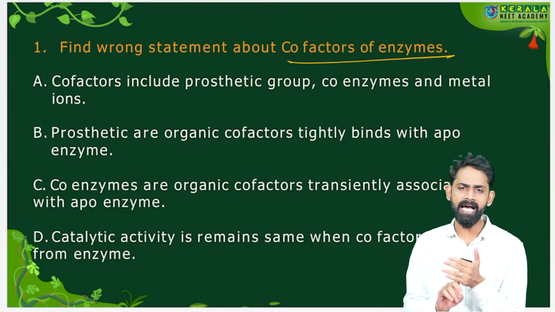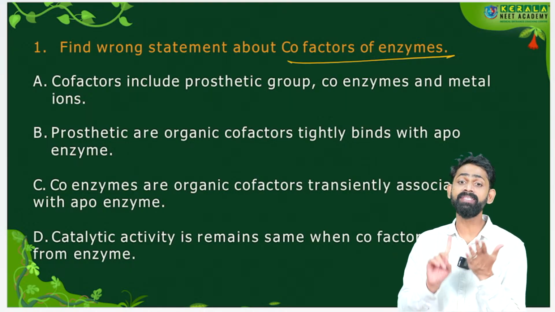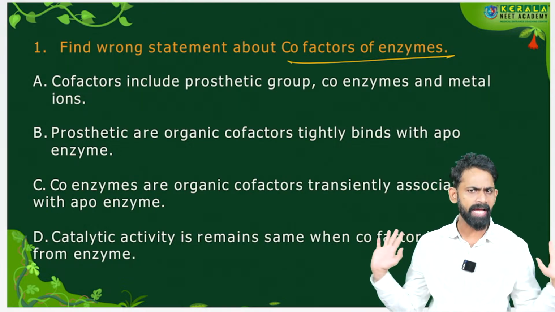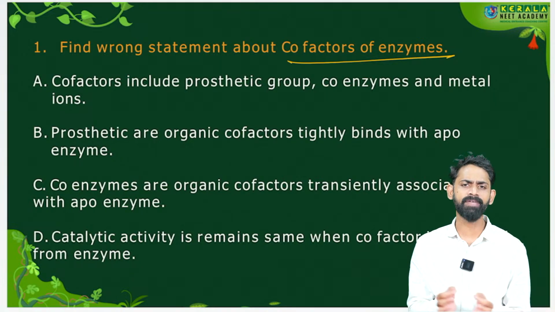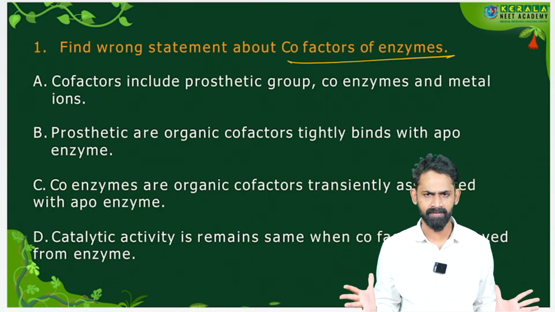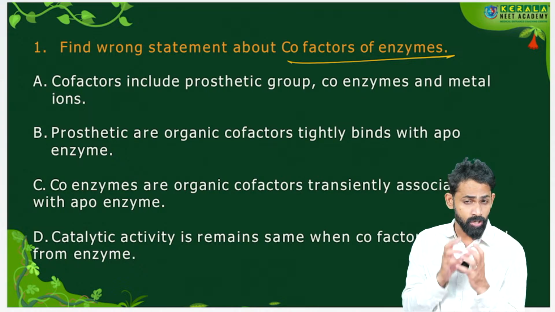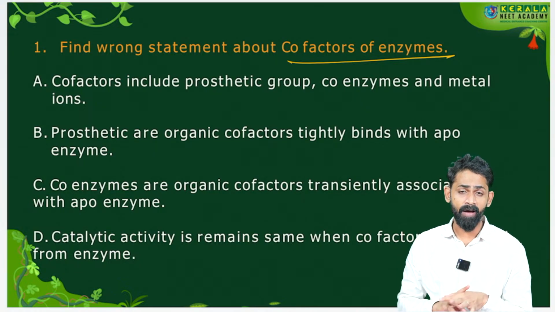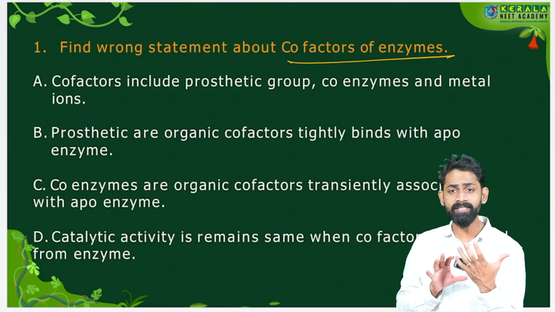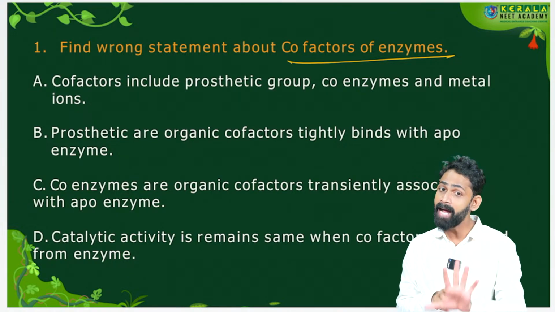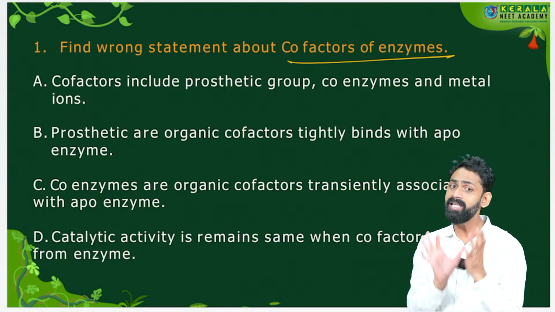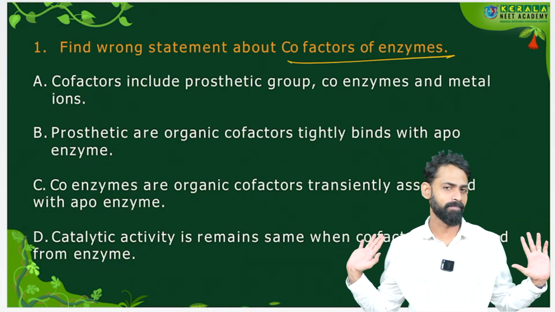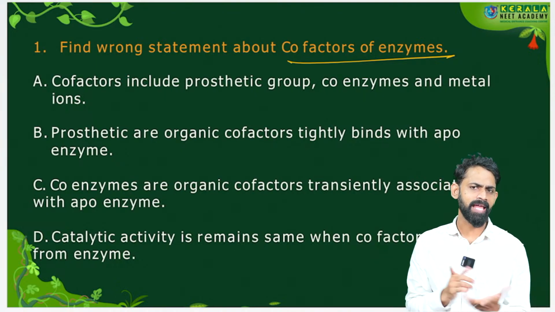A prosthetic group is an organic cofactor tightly associated with the apoenzyme. The only example: heme is the prosthetic group of catalases and peroxidases. The definition should be very clear in your brain with one example. Second, coenzymes are also organic cofactors, but they are loosely or transiently associated with the apoenzyme.